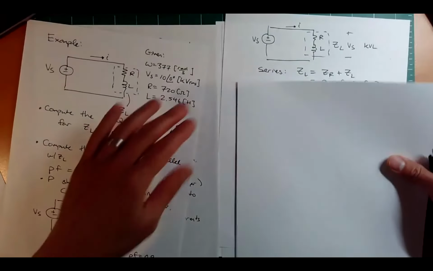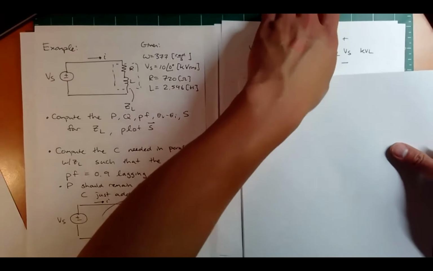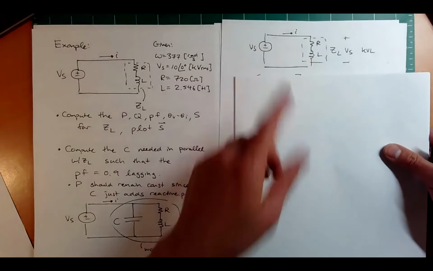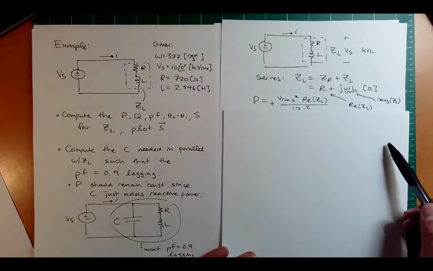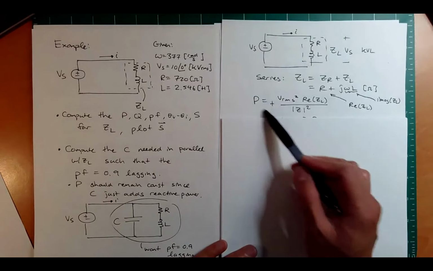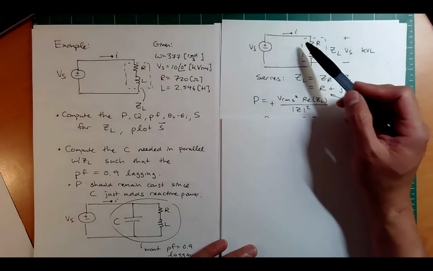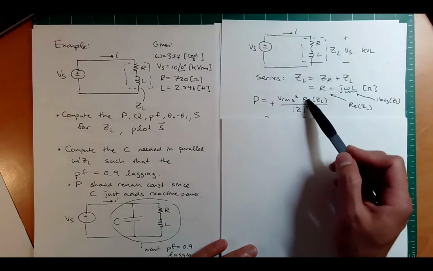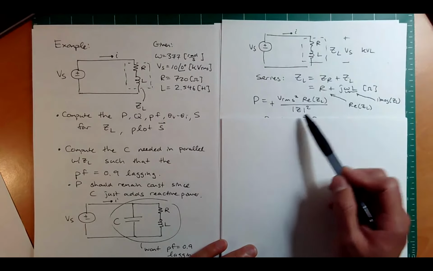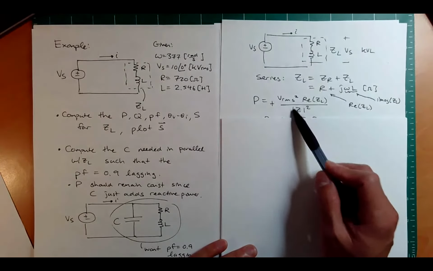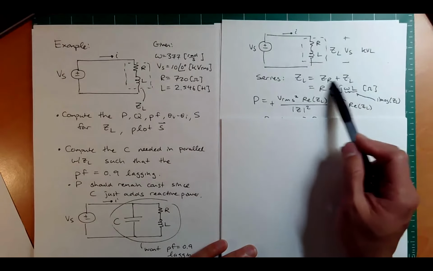All right, if we just look at the resistor and inductor by itself, what do we have? Well, we have R plus j omega L. We just did that in the last lecture, and we know our equation for real power. If we know the voltage, the real power is VRMS squared times the real part of ZL, which in this case is R, not always true if it's in parallel, over the magnitude of Z squared, which is just the Pythagorean theorem.